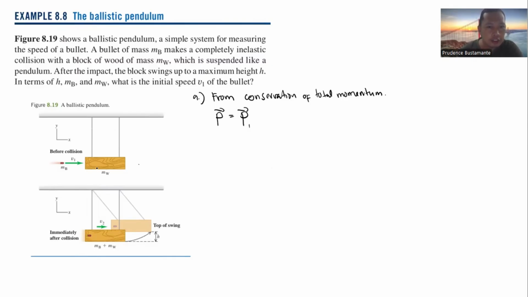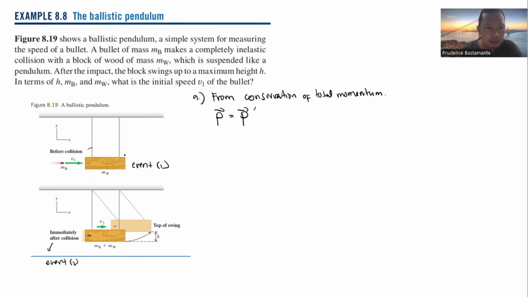Okay. So from this, event one is before the collision. Our event two is immediately after the collision. This is our event two, immediately after the collision.